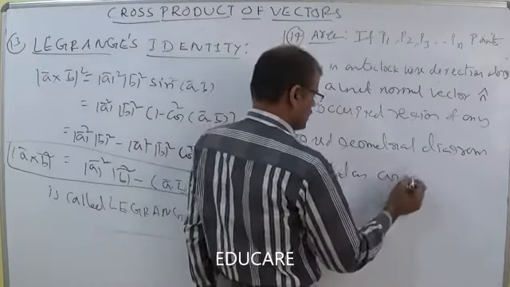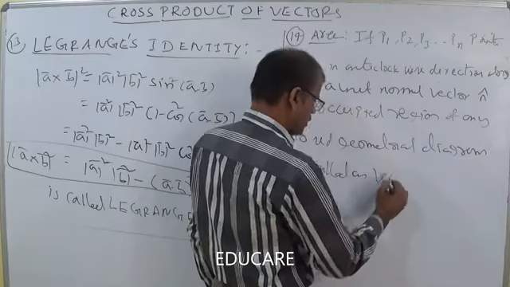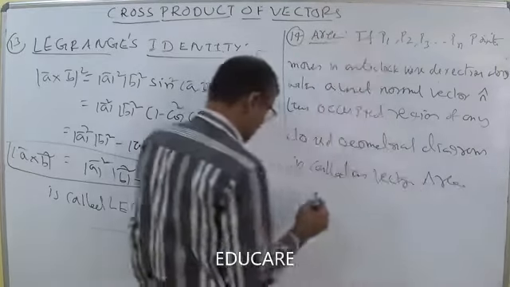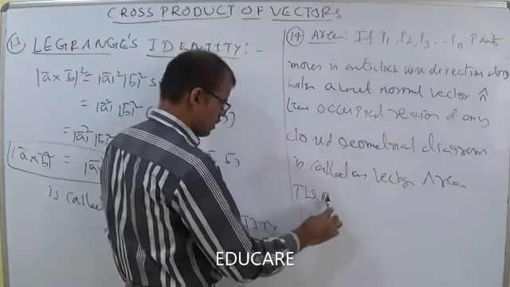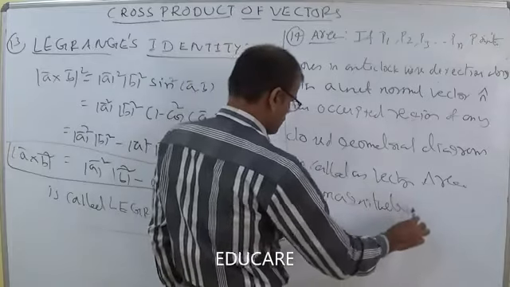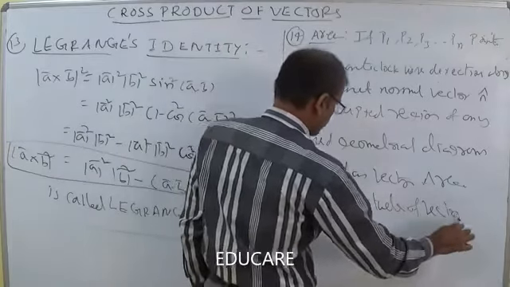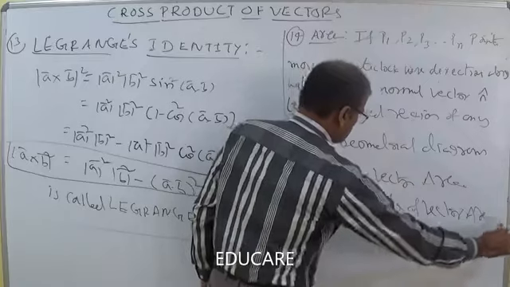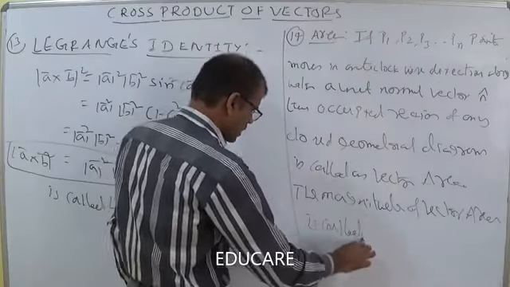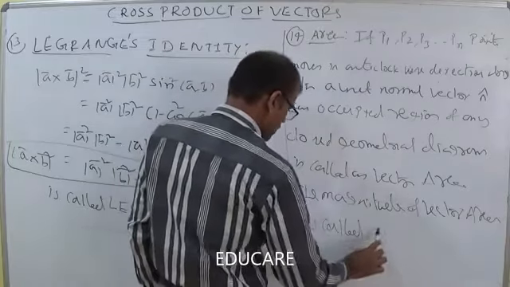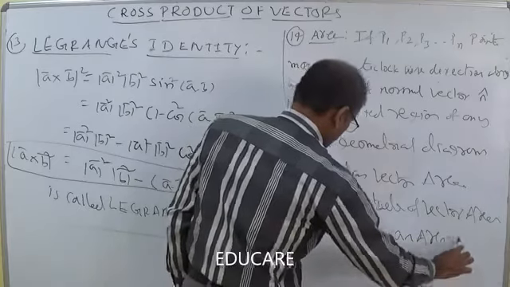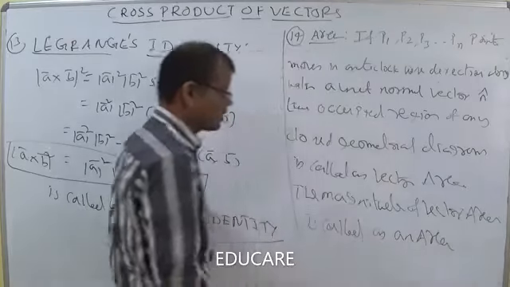If you write it, this is called vector area. The magnitude of vector area is called simple area, or just an area.